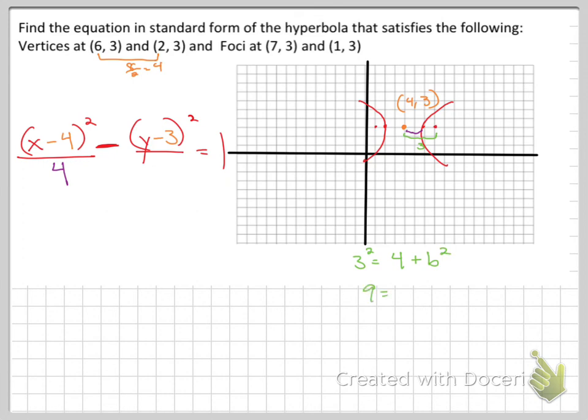So 9 equals 4 plus b squared. 5 equals b squared. You can square root that, but remember it's b squared that goes under y. So this made my arrow too big. This is literally 5. And if I wanted to make my rectangle, it would have gone square root of 5 up and down from the orange dot. But b squared is the number that goes in the equation.